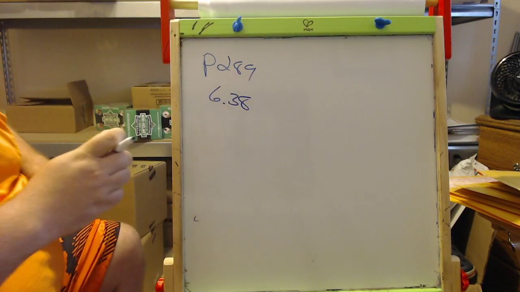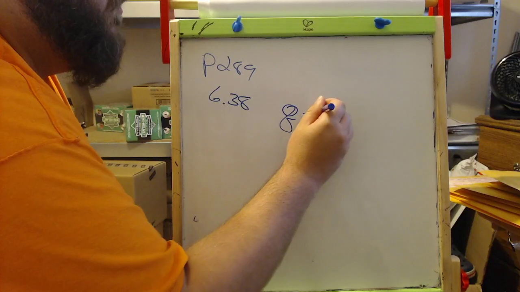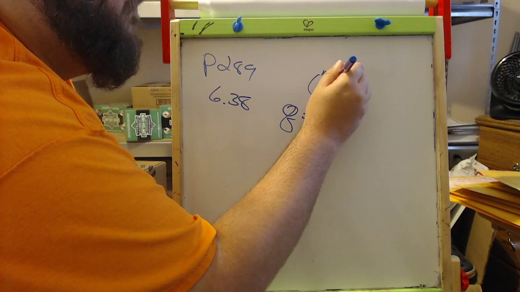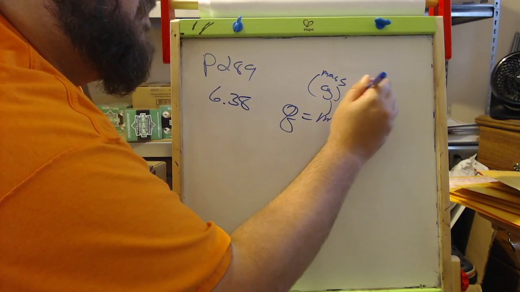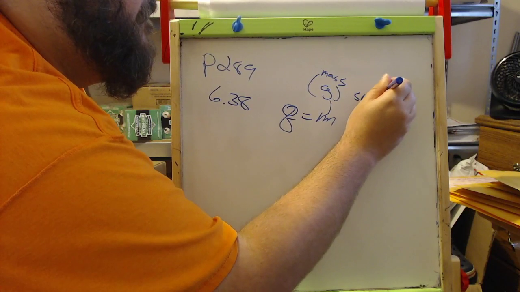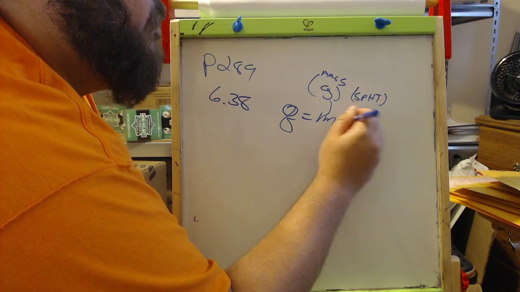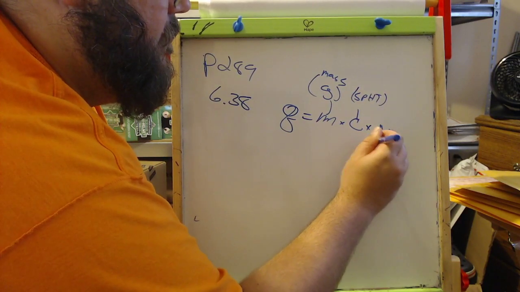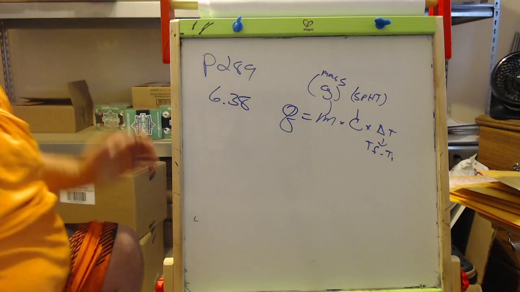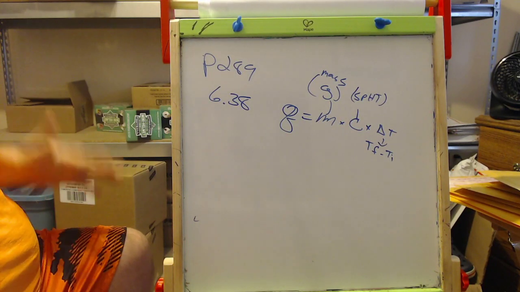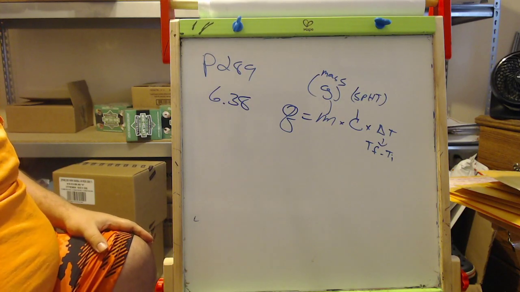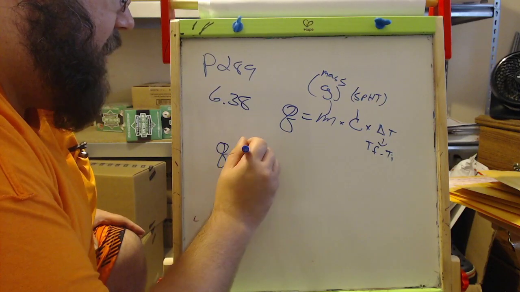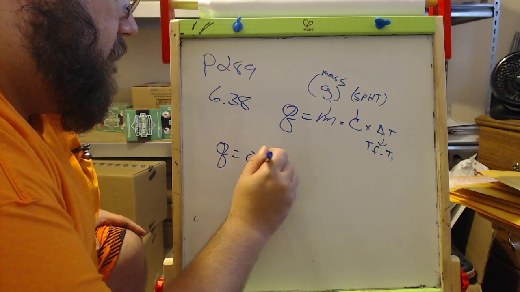6.38. And we're going to use Q equals M, which is mass in grams, C, which is the specific heat, times delta T, which is T final minus T initial. So they give you the mass of the ice. Q equals, the mass is 0.10 grams.